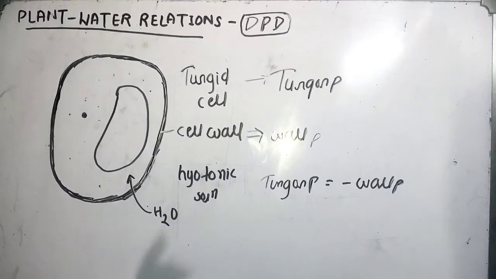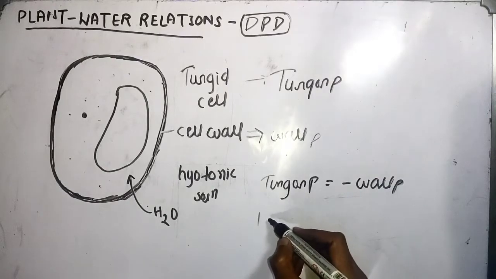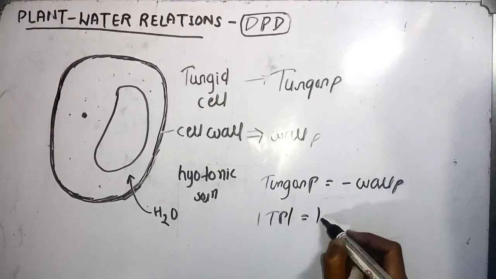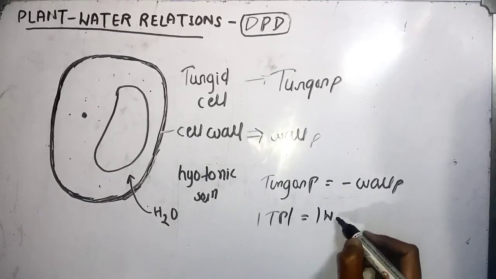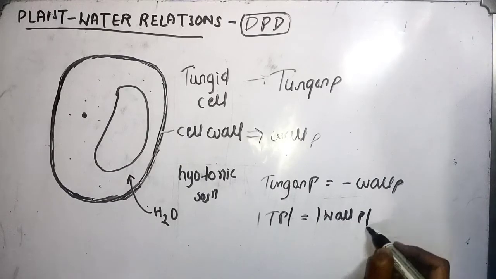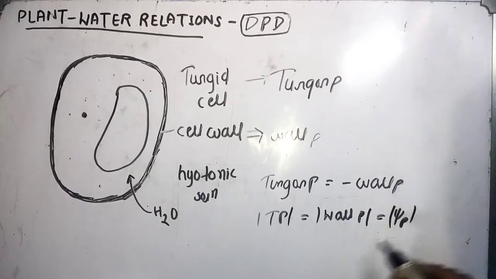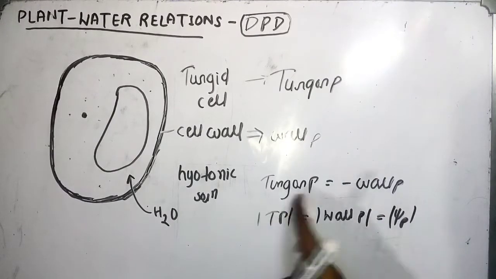So what an easy concept, yes, such an easy concept. So what we can say is the magnitude of turgor pressure is equal to the magnitude of wall pressure. But remember the sign, okay?